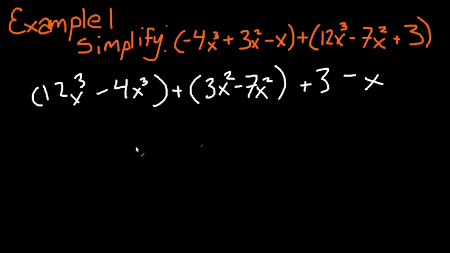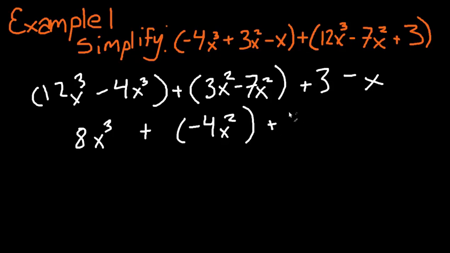Okay guys, so what is 12x to the third minus 4x to the third? That is going to be 8x to the third. Plus 3x squared minus 7x squared. That's going to equal negative 4x squared. Okay, and then we have the plus 3 and minus x over there on the end.